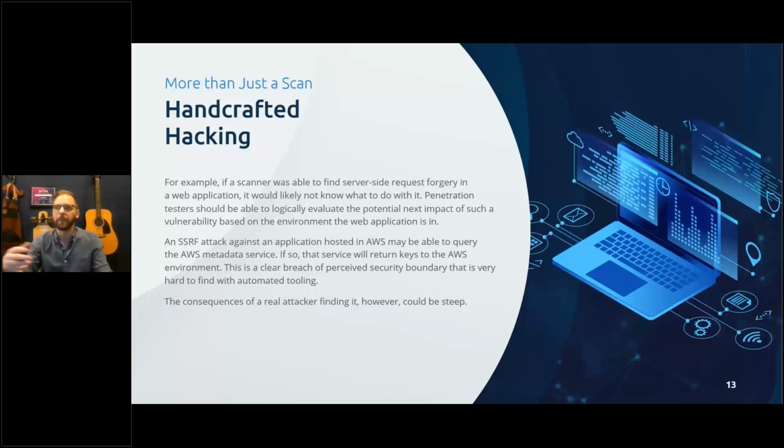Suddenly, the boundary that we considered to be this web application, we thought, no need to look at AWS. The web application is sitting in front and that's all that's there. Suddenly that boundary is broken because the web application afforded access to AWS. And a lot of times people don't think of that, but it can be very problematic, again, if you didn't think of it and an attacker does.